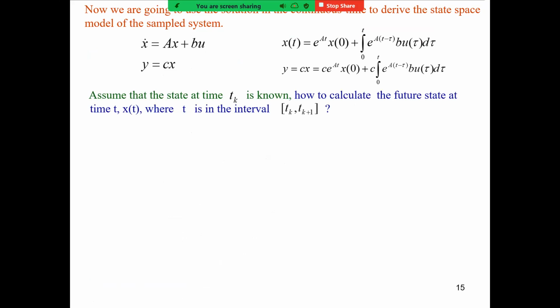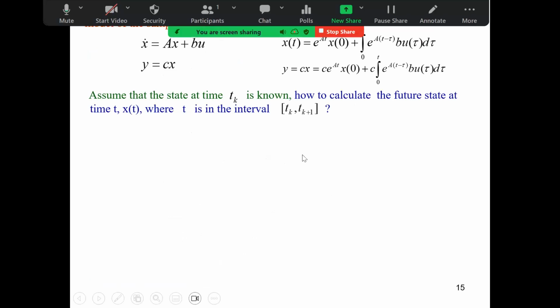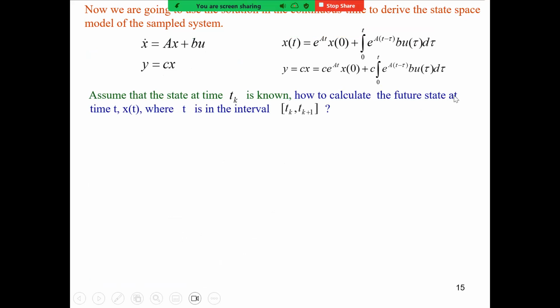Let's say at the sample instant tk, we already know the state x. How do we calculate the future state at time t, where t is in this interval from the current sample instant to the next sample instant, tk plus 1? We only compute the signal in this interval.